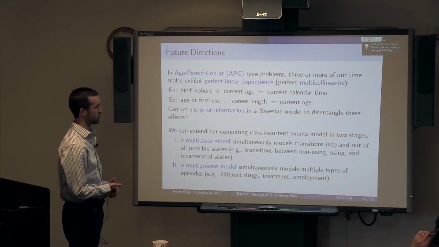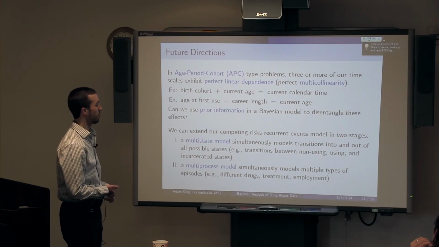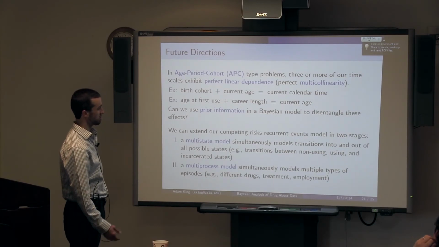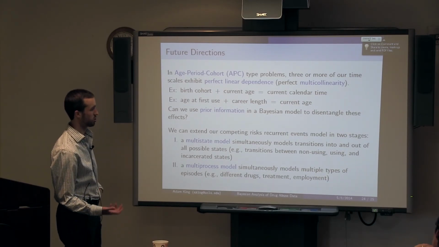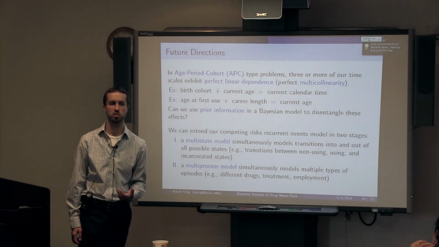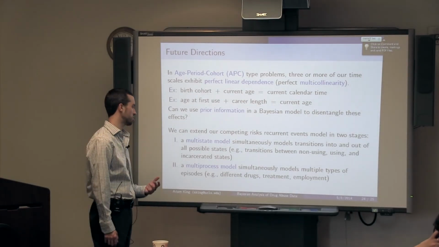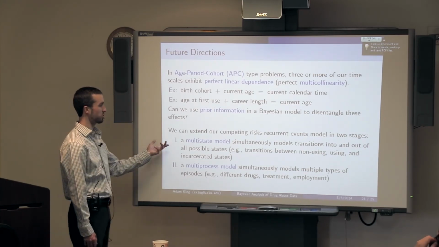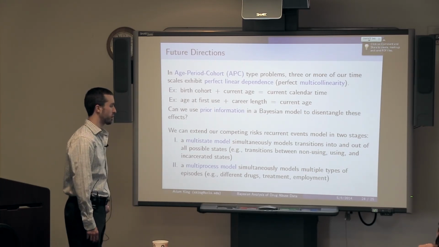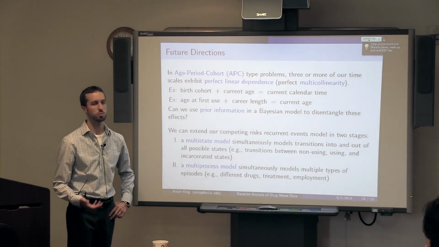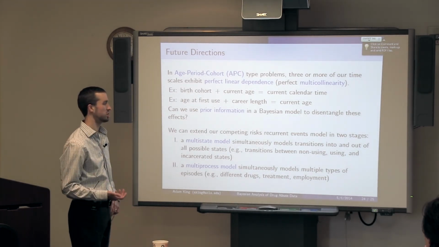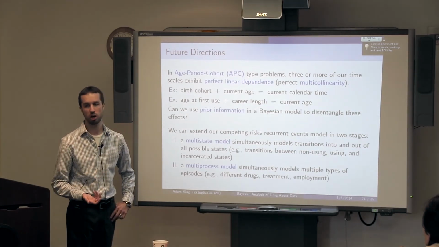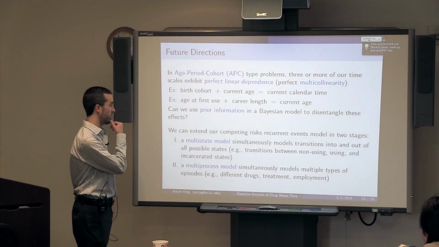extending this competing risk recurrent event history model to a case where we have a full multi-state model. Essentially, as I mentioned earlier, this competing risks recurrent event history model is sort of the building block that allows us to construct these more complicated models, such as the multi-state model. So moving from the current point to this multi-state model is primarily a programming problem to allow users to specify multi-state data and then having essentially multiple copies of the competing risks model run at the same time.